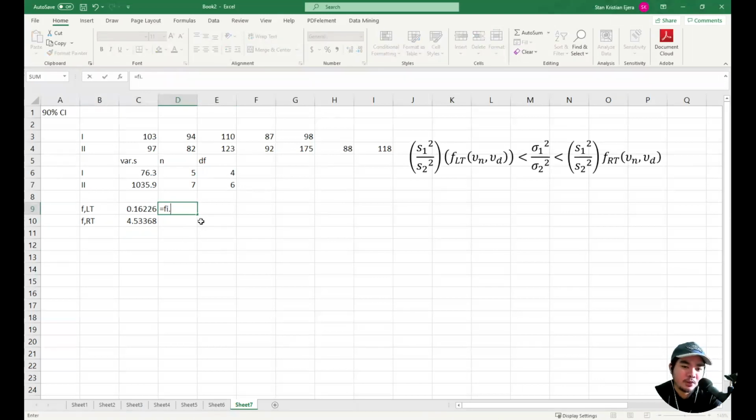If I do 1 over F.INV of 0.05, and then reverse the degrees of freedom, I do 6 and 4, what I end up with is actually the right tail.